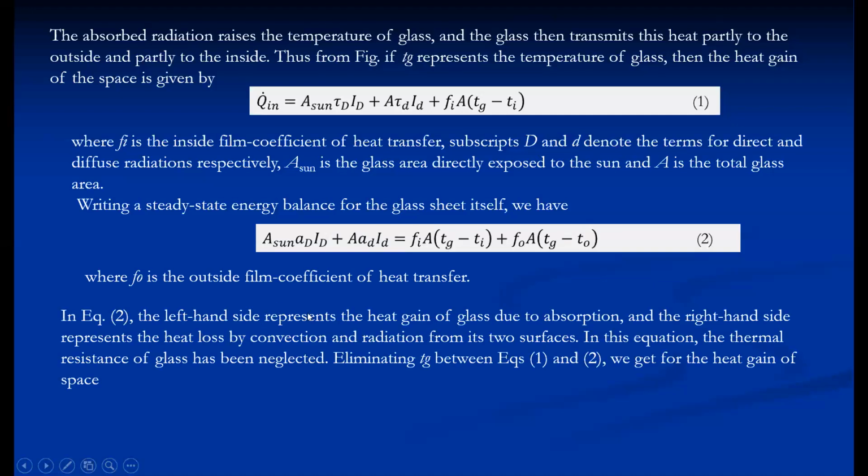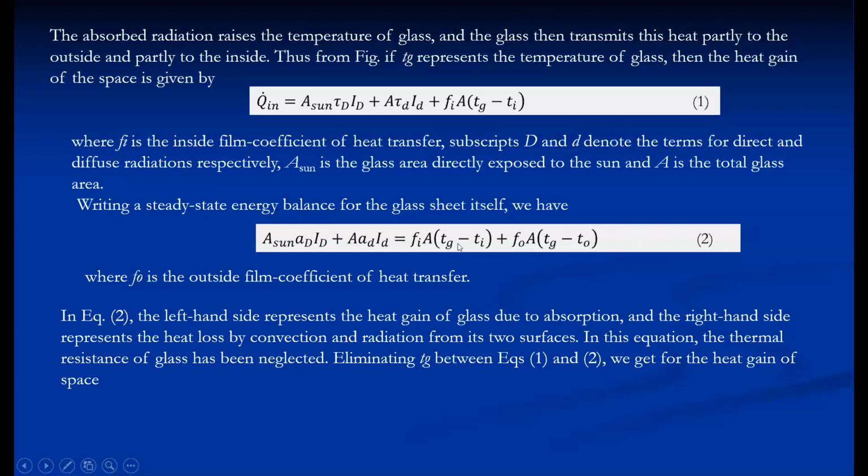The left hand side represents the heat gain of the glass due to absorption, and the right hand side represents the heat loss by convection and radiation from its two surfaces. In the equation, the thermal resistance of the glass, that is the conductive resistance, has been neglected.